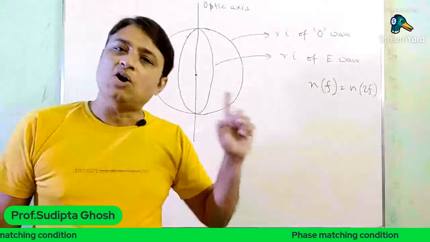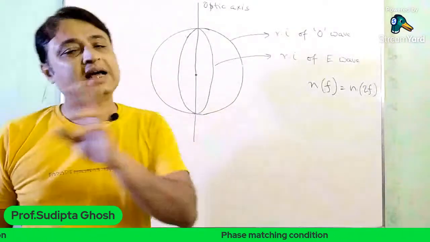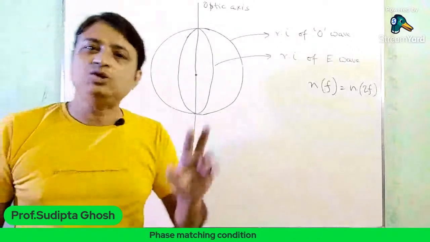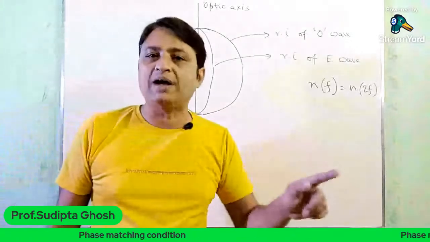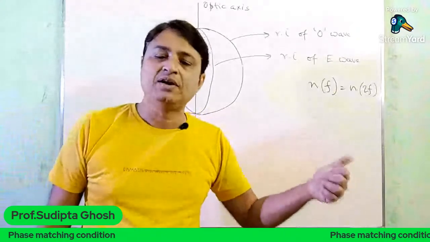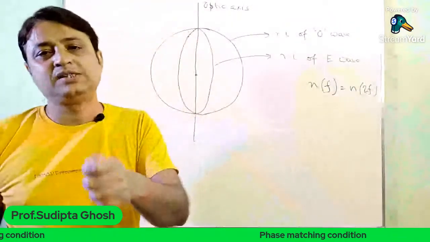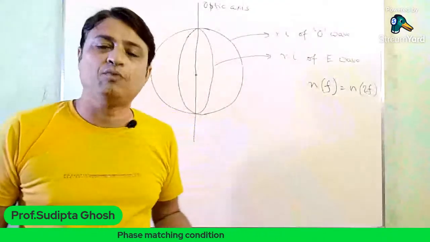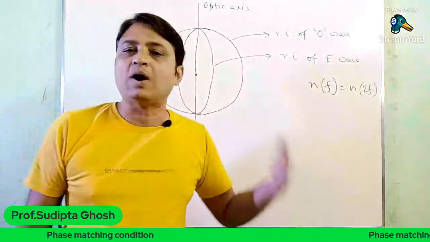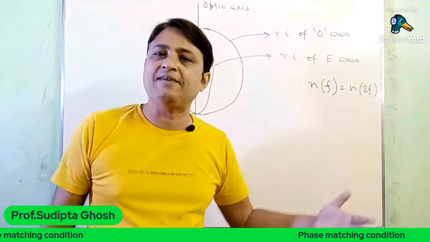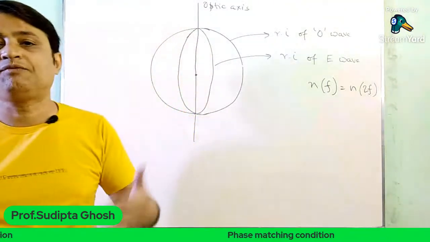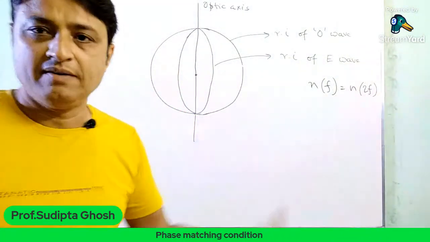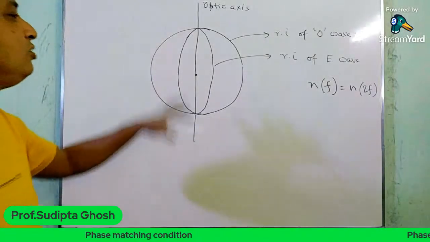Two are ordinary waves, two are extraordinary waves. Within the two ordinary waves, we have one wave with frequency F and one with frequency 2F, and as well for the extraordinary wave, we have one with frequency F and the other with frequency 2F, right?